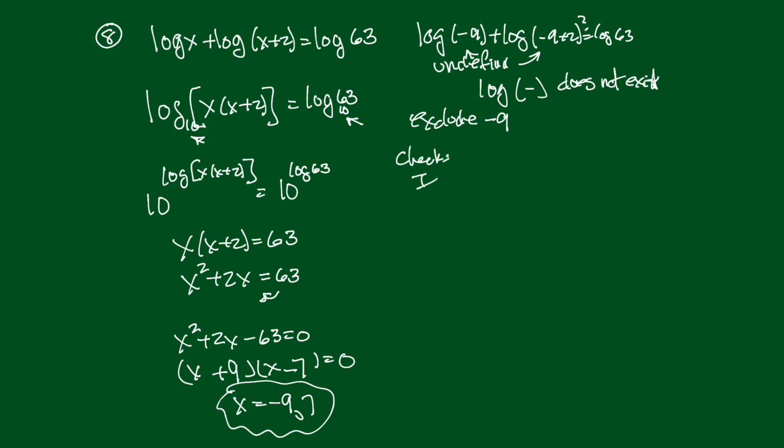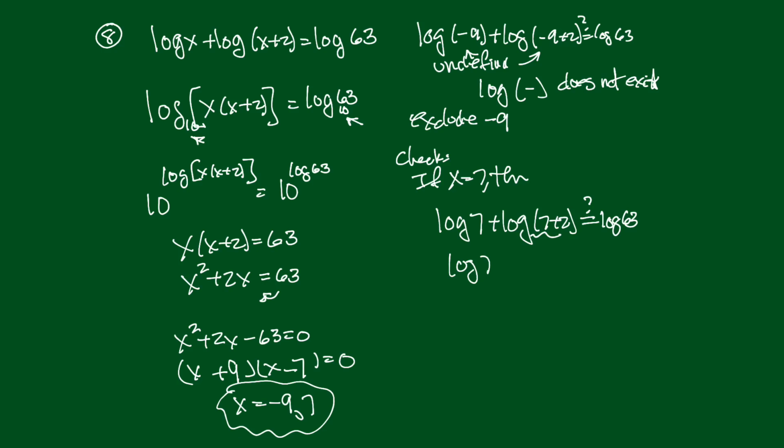Check. I'll say if x equals 7, then, all right, put that 7 back into the original. Put 7 back into the original, and I'll get this. The log of 7 plus the log of 7 plus 2, is that equal to the log of 63? Well, let's see. Let's simplify this.